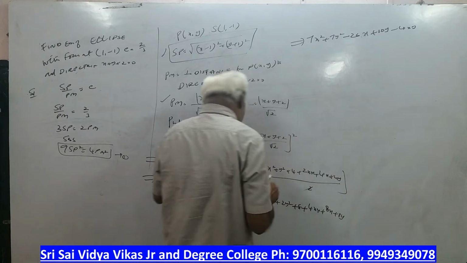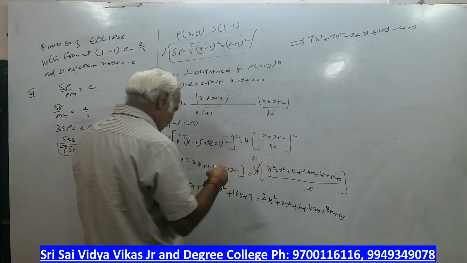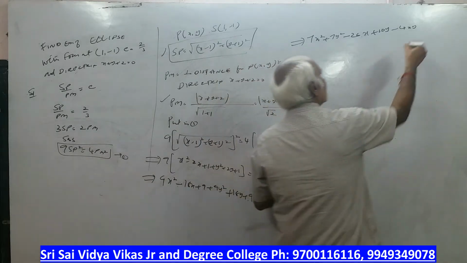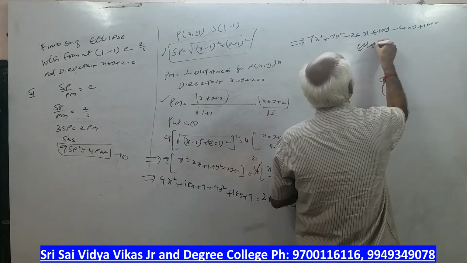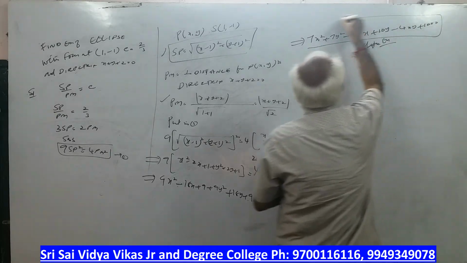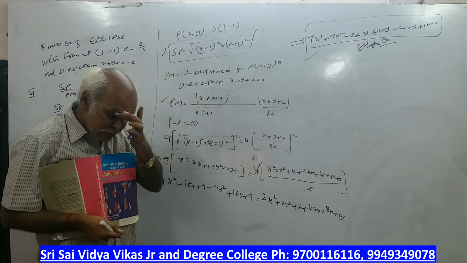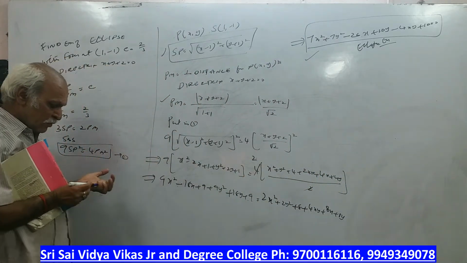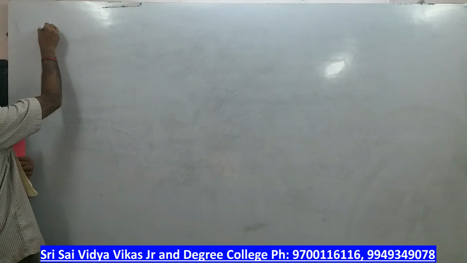Now the leftover numbers: 9 plus 9 is 18, and 8 brought here becomes plus 10, is equal to 0. This is the ellipse equation. So what have we done? We have applied the SP by PM concept. No doubt. Next we will be doing this model.